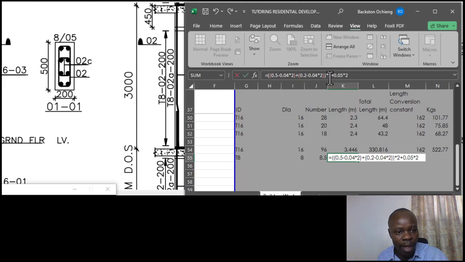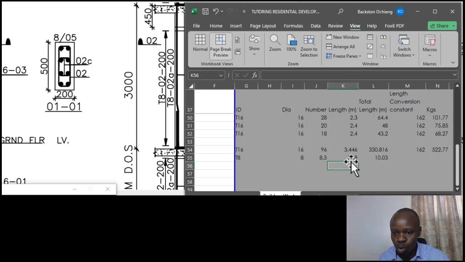Then you multiply that by 2 so that you have a complete perimeter. Alright, then you add the hooks. Hooks is how those bars are going to be bent closing up at that particular point. So that is 0.05 times 2, right, equals 1.18 meters.